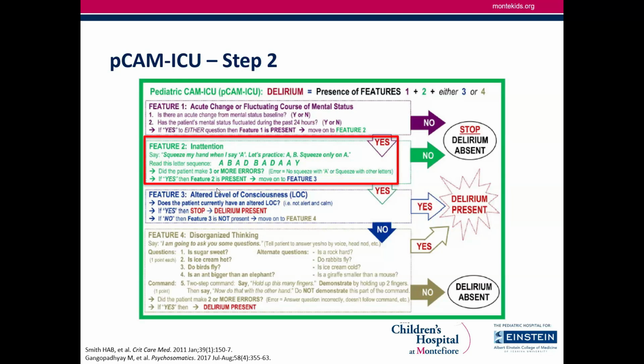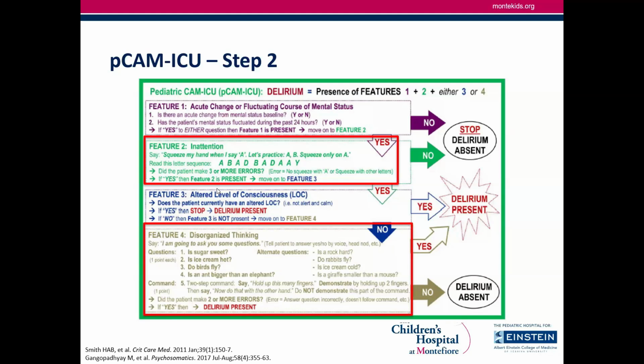So feature 3 is a yes or no again. Is there any altered level of consciousness? If yes, you move on to the next step. If no, you also move on to the next step, since there is still one more part left. And that part is looking for disorganized thinking. So the assessor may ask questions like, is sugar sweet? Is ice cream hot?